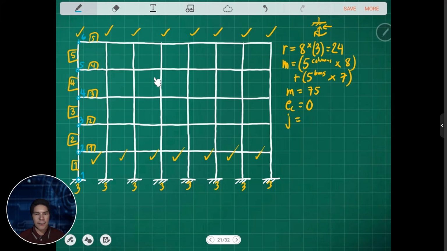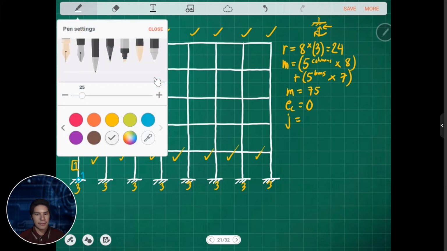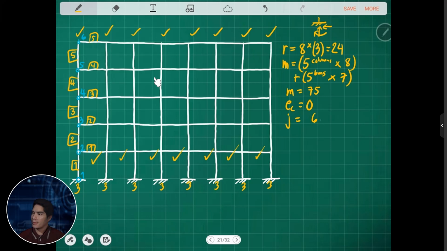So we have 6 joints, multiplied by ilang to? 1, 2, 3, 4, 5, 6, 7, 8. So multiplied by 8, so we have 6 times 8, that is 48. So a total of 48 joints.